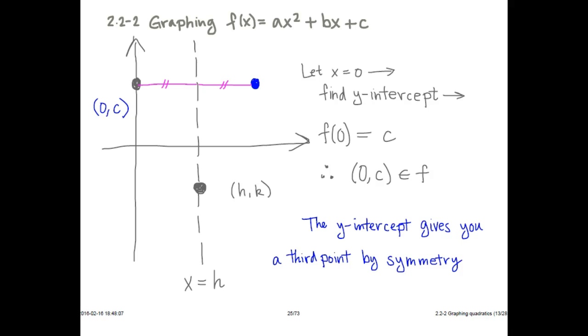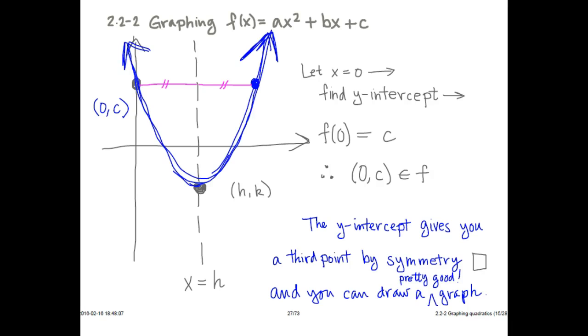We already know whether it's going to open up or down. And since this is the vertex, in this case, it can only go up through those 2 points. So, to get a decent sketch of this graph, we are going to try to make a nice curve that goes through all points. Don't make it pointy down here, make it rounded.